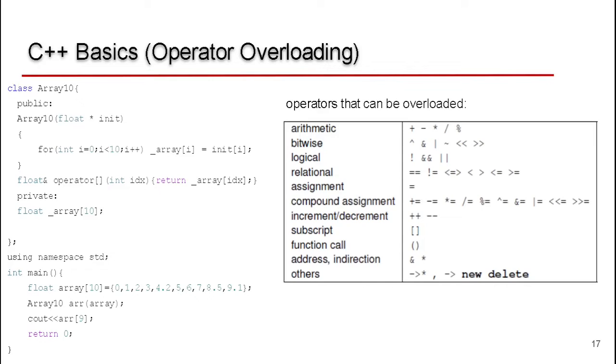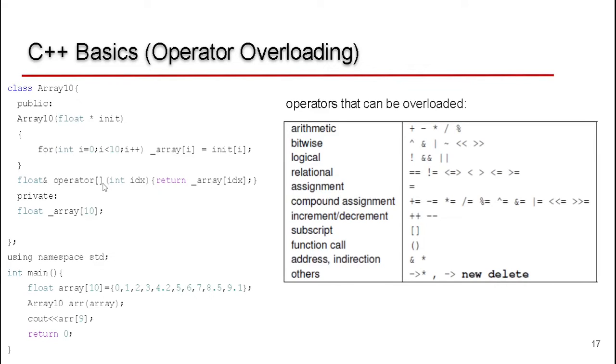So here the argument is one, which is the index. So int idx, and simply inside the body of this method, you just return the internal array, because here we have a private array with size 10, called array 10, with the idx which is passed by the operator.